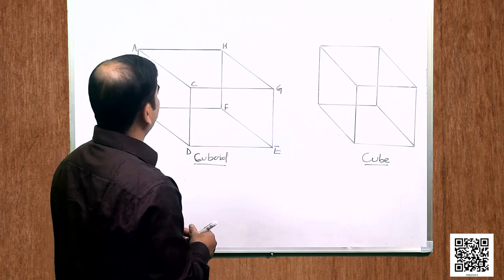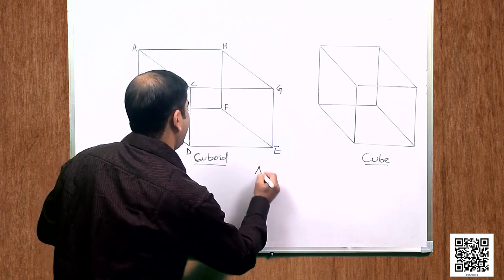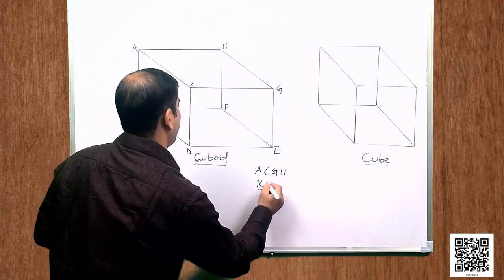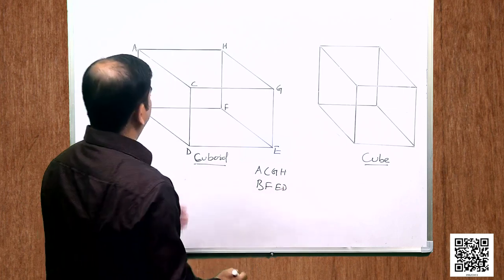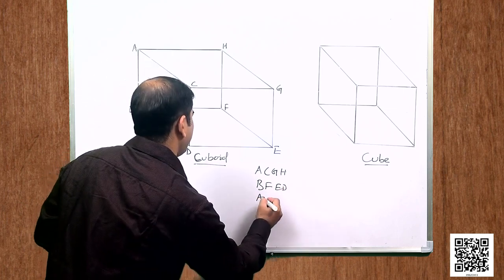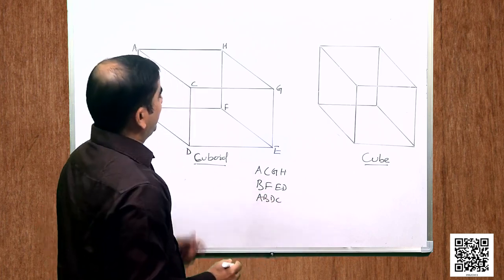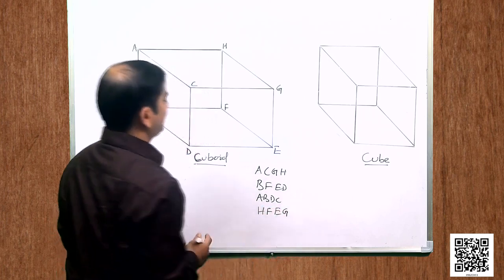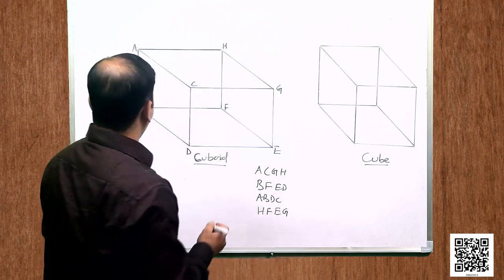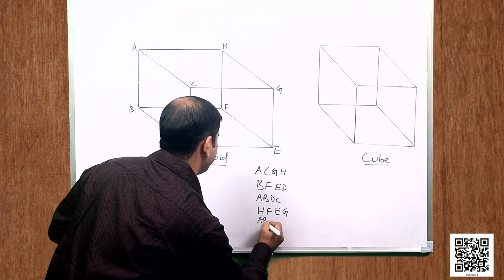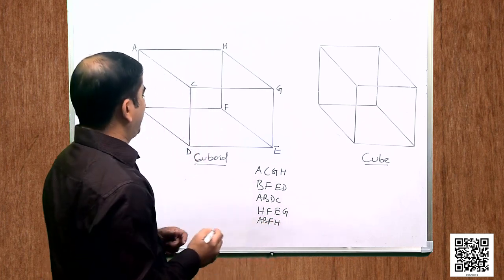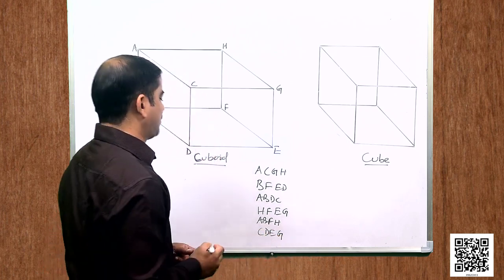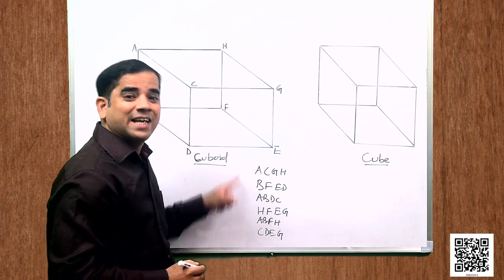Starting from the top, we have ACGH. Down, BFED. On my left hand side, ABDC. On my right hand side, HFEG. Back side, ABFH, and front side, CDEG. So in this way we have a total of 6 rectangles.